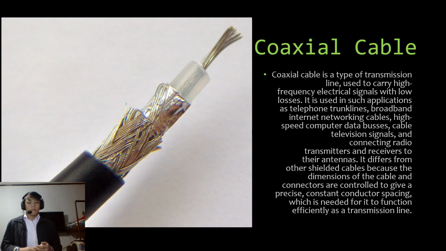It differs from other shielded cables because the dimensions of the cable and connectors are controlled to give a precise, constant conductor spacing, which is needed for it to function efficiently as a transmission line.